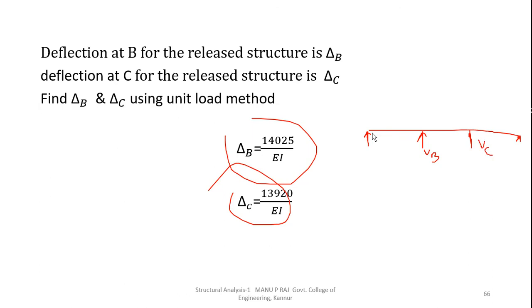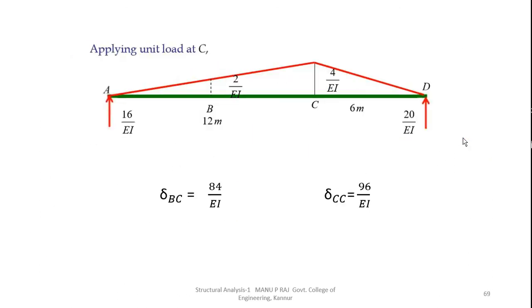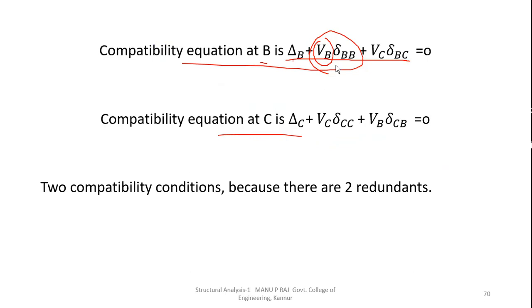Okay, now VB into delta BB means deflection at B due to this VB, and VC into delta BC means deflection at B due to VC. Note that this is not delta CC, this is delta BC. We are finding the compatibility equation at B, so we'll use small letter delta BC.